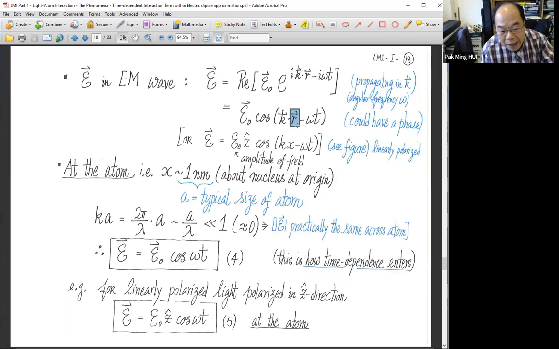So this term k dot r is typically of magnitude 2 pi over lambda times a. That goes like the size of the atom divided by the wavelength, which is much smaller than 1. Therefore, we will ignore this term or take it to 0, and then we simply pick up the time part to consider further the physics.